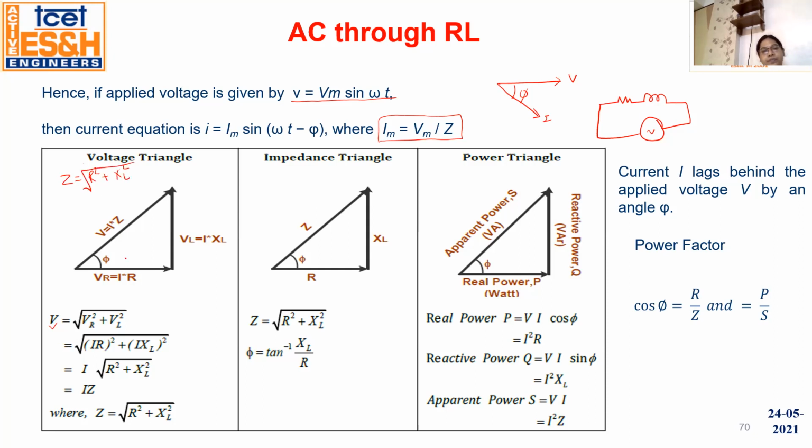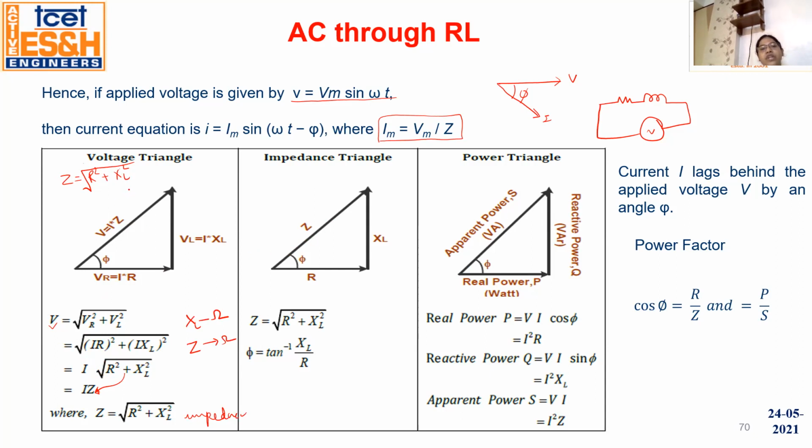If I put in place of VR and VL, I square root of R square plus XL square, here I is taken as common, and R square plus X square under root is replaced by Z. So it is impedance. The unit of XL is ohm, and the unit of Z is also ohm.